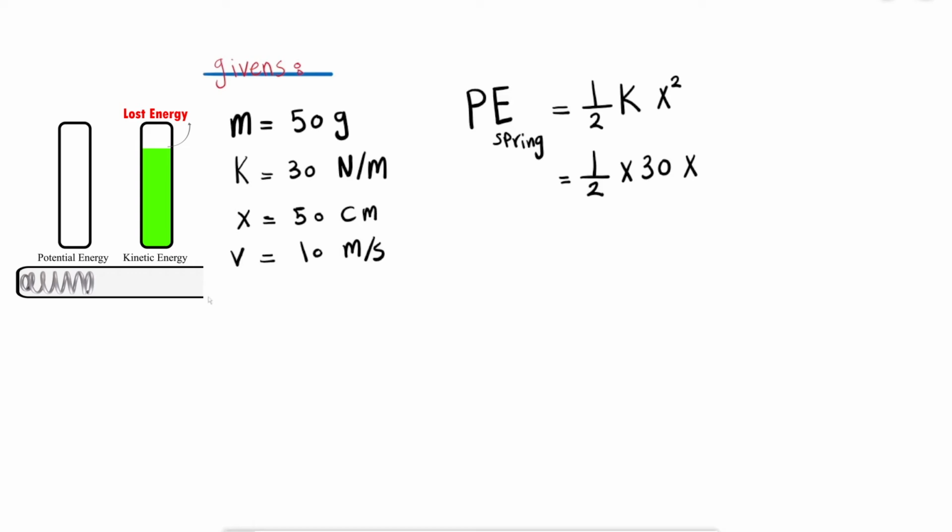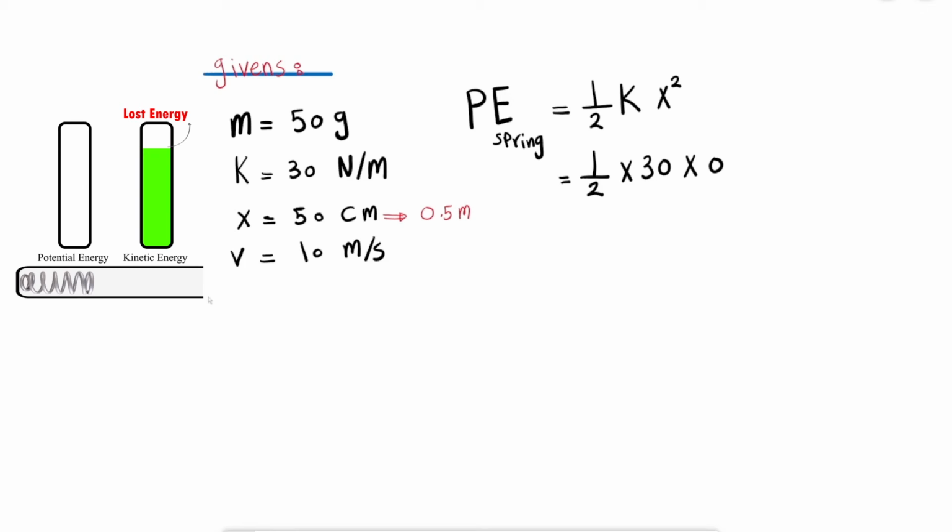But let's be careful here, because to be consistent with the SI units and with our units for the spring constant, we should first transform the units of distance from centimeters to meters. So 50 centimeters divided by 100, so we have now 0.5 meters. So we will use this instead.